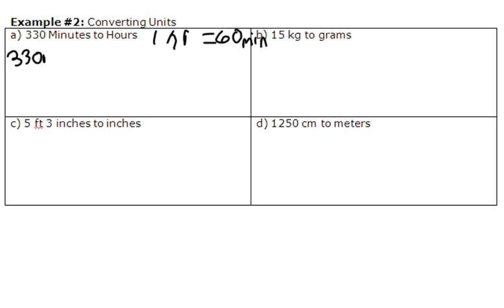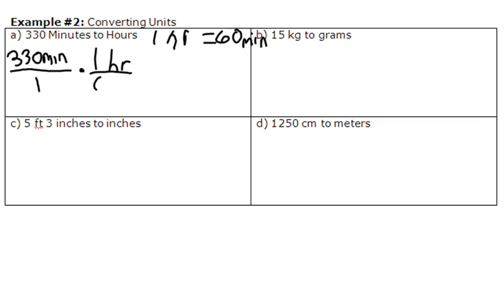330 minutes. I'm going to make this into a fraction just to make it easier for us. Since I want to convert minutes into hours, I am going to multiply my fraction by the conversion rate. Since I want to go from minutes to hours, okay, I'm going to use this conversion rate and put it in fraction form. The hours are going to go on top.